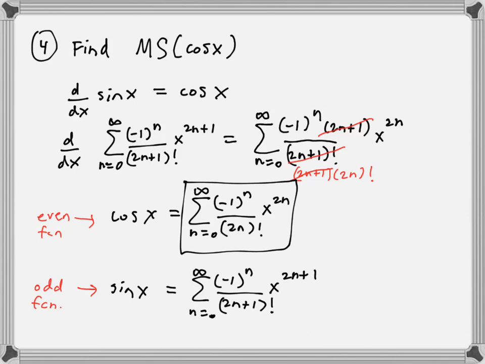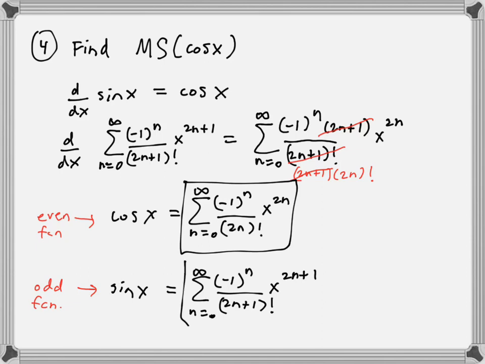We're sort of understanding now why the words even and odd have been used for this type of function. It's because their Taylor series or their Maclaurin series has only odd or even powers. So the odd function sine is the one with all the odd powers only, and the even function cosine is the one with all the even powers and factorials only.